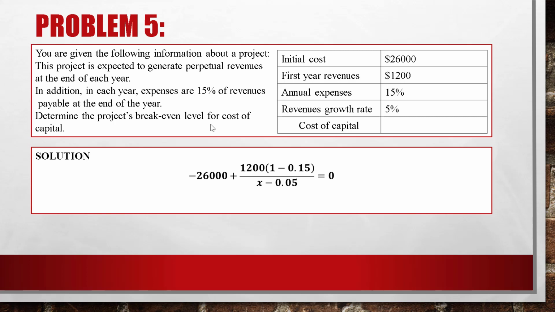I got negative 26,000 plus 200, the first year revenues, times 1 minus 0.15, the annual expenses, and then the denominator will take the cost of capital, which is X, subtract the revenue growth rate 0.05, and set this equation equal to 0 and solve for X. We got X is 8.92%. So the break-even level of cost of capital here is 8.92%.